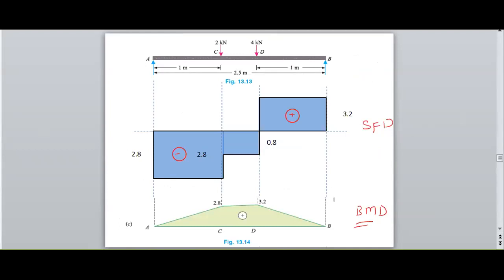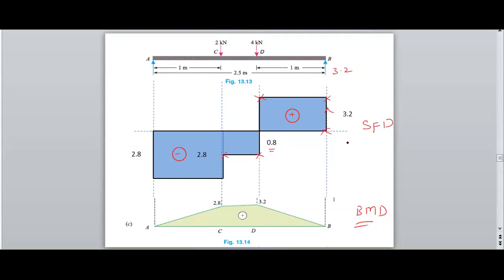Initially, the shear force before B is 0, and at B it is a positive 3.2, which is moving in the upward direction. Next, before D, it is again a positive 3.2. At D, we are getting a minus 0.8. Before C also it is minus 0.8.